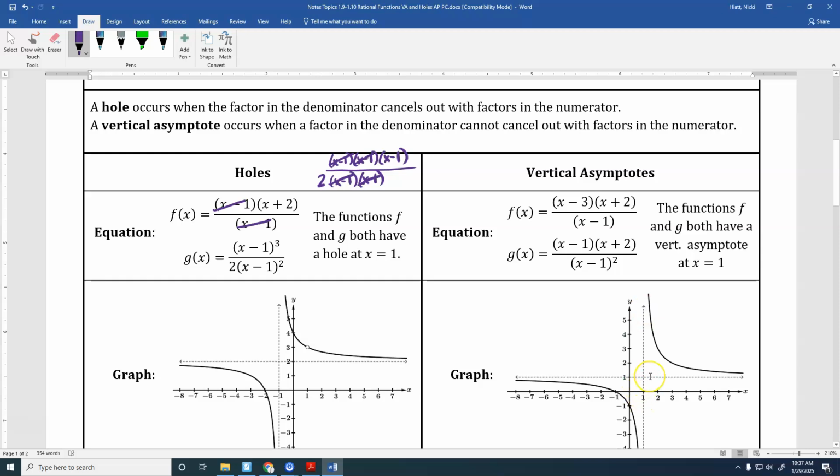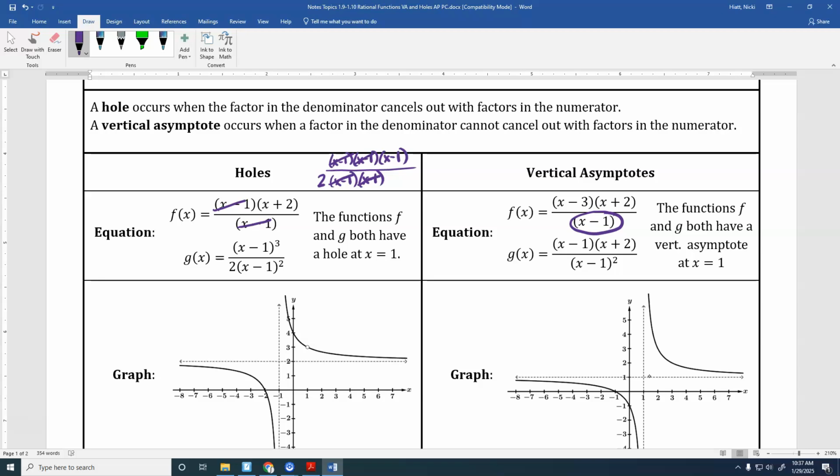You're going to see vertical asymptotes whenever you have a 0 in the denominator that does not cancel. So you can see here, this is what we would look at in Math 3. That x minus 1 does not cancel with anything in the top. So you're going to have a vertical asymptote at x equals 1.